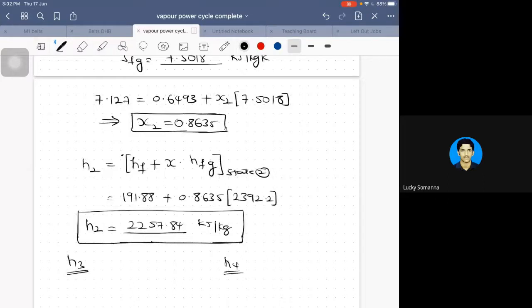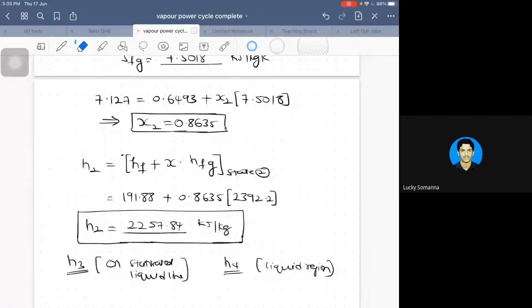H3 is on the saturated liquid line, correct? Sir, can you calculate the dryness fraction using that hf formula itself?